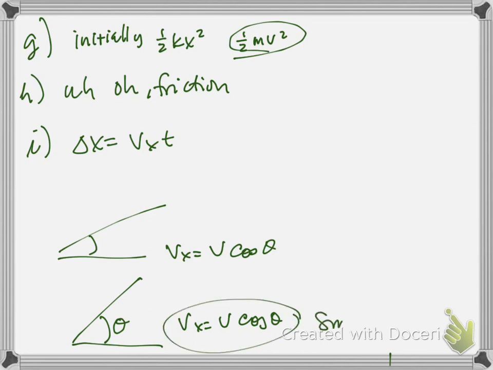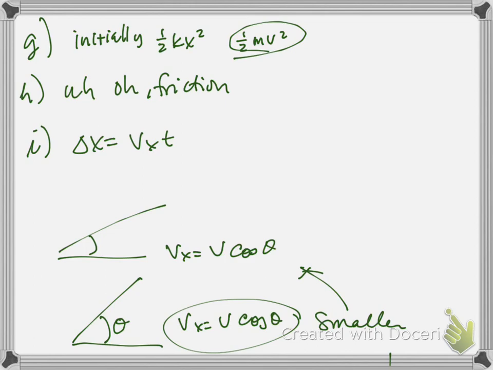So this number here is going to be smaller than this number. Our x component of velocity is going to be smaller, so the slope of this line is going to be lesser. We're not going to have to graph this, but they certainly could ask you, would the slope be greater or less than? And the slope would be smaller.